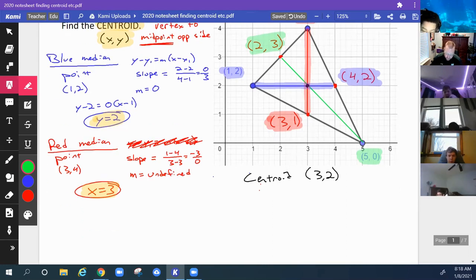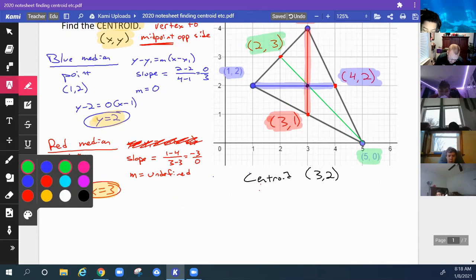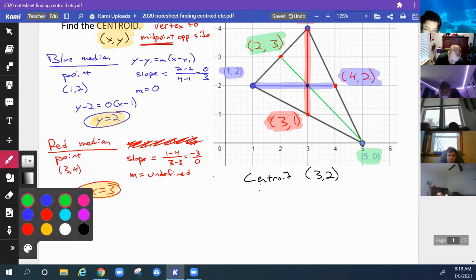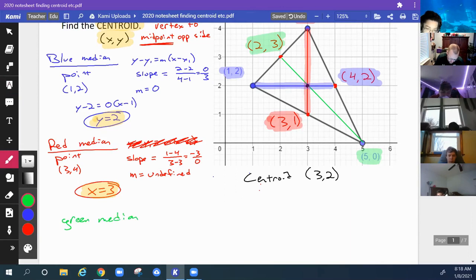If I wanted to go through and find the green median, and hopefully you guys can see the green okay. So the green median, y minus y1 equals m times x minus x1, I need a point. And I'm going to choose the point 5, 0 because that's easy to work with.